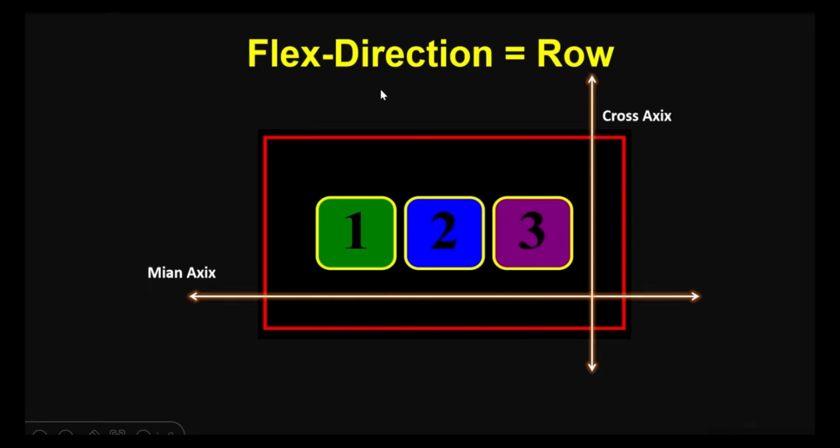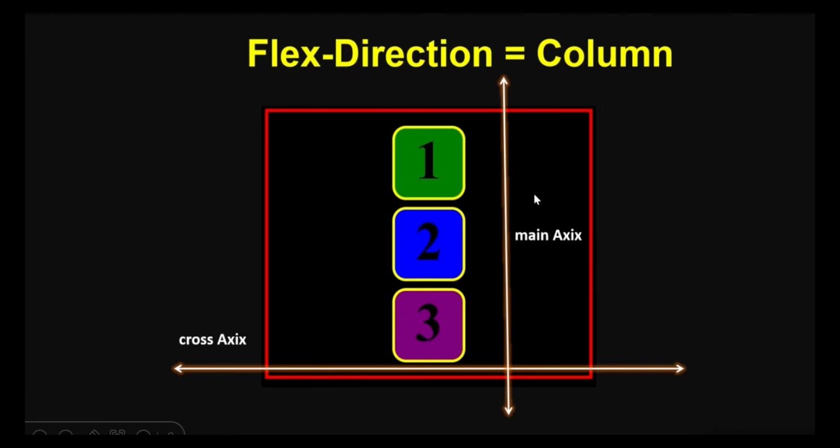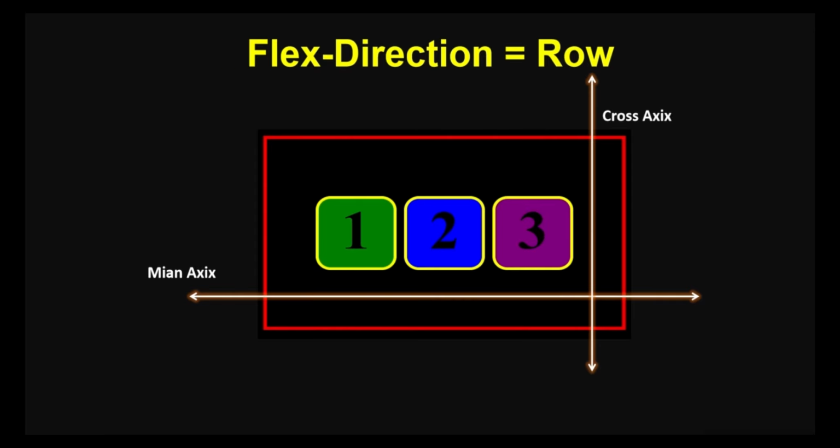If we want to arrange elements in horizontal form, we will use the flex direction row property. If we want to align the items vertically inside the container, we will use the Flexbox property flex direction column.